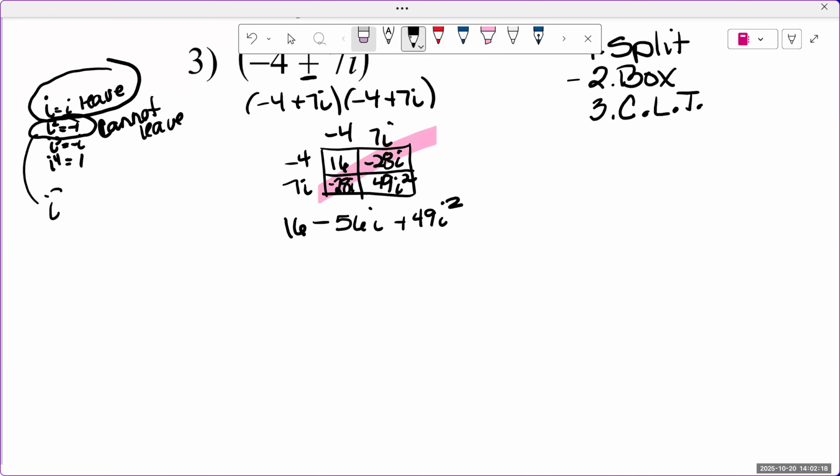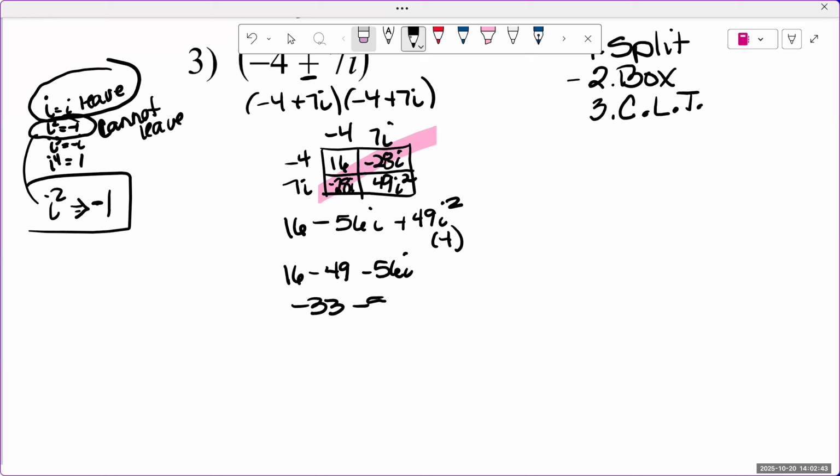So if we have i squared, we have to replace it with -1. So i squared is -1. So we have 16 minus 49 minus 56i, and 16 minus 49 is -33 minus 56i.